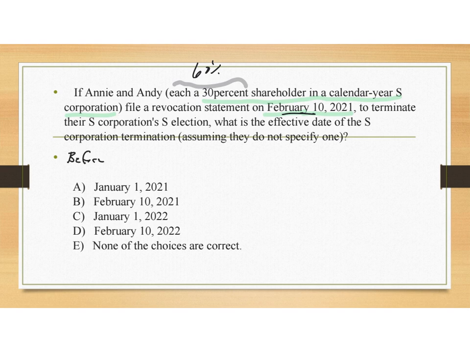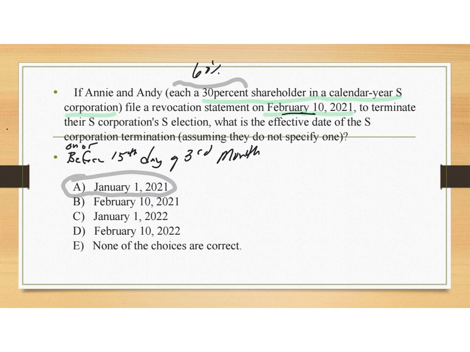On or before is the rule, but it's made before the 15th day of the third month. So therefore, their election to terminate is effective as of January 1, 2021.